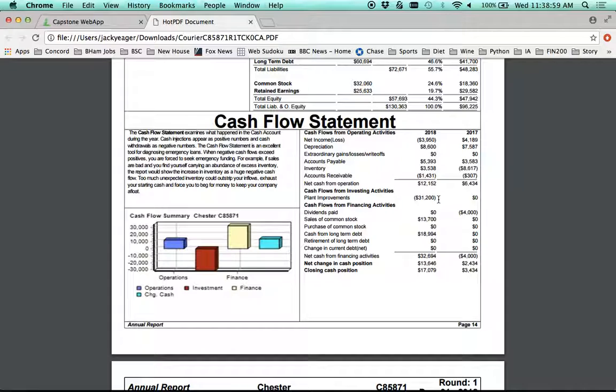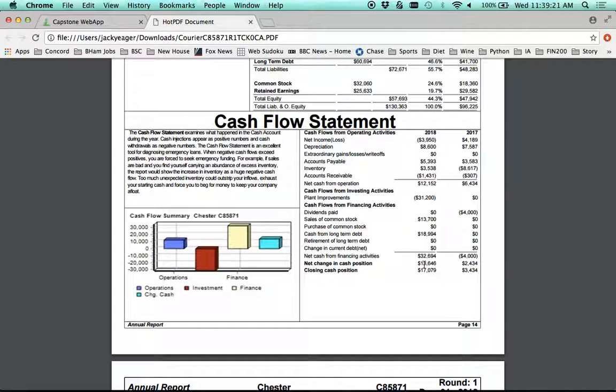My plan, and this was last period, this is not necessarily what I'm planning for next time, but last period, I spent $31 million on plant improvements. And to help fund that, I went out and raised $32.6 million from sale of common stock and sale of long-term debt.